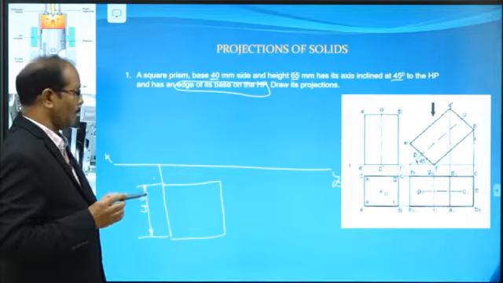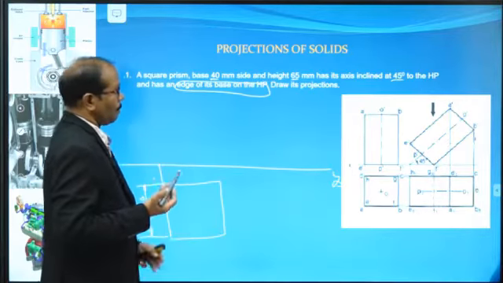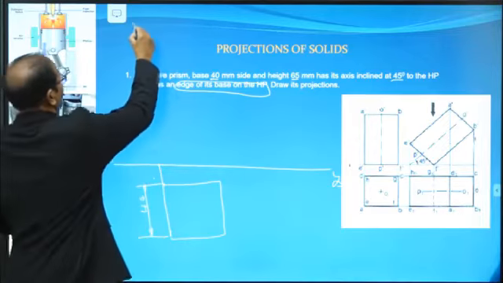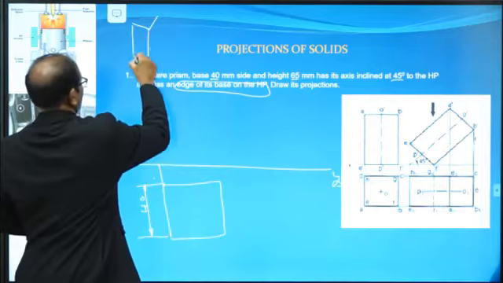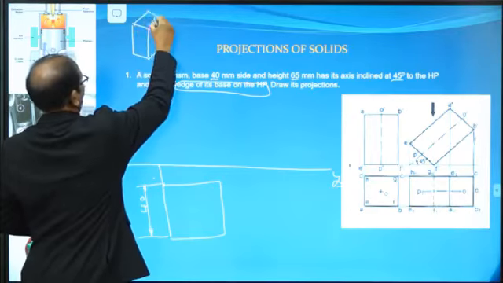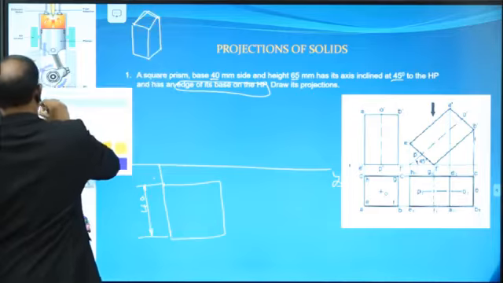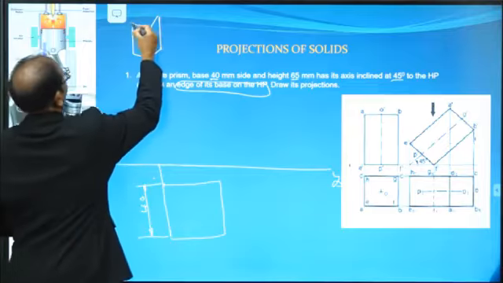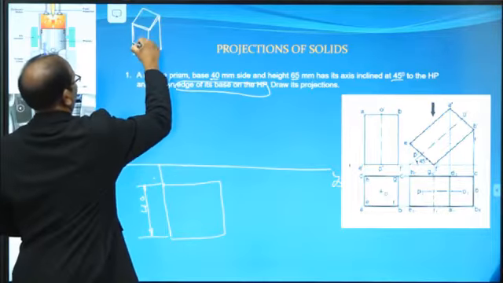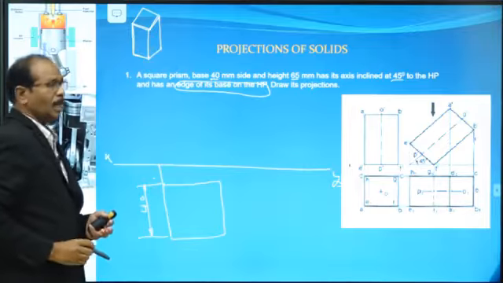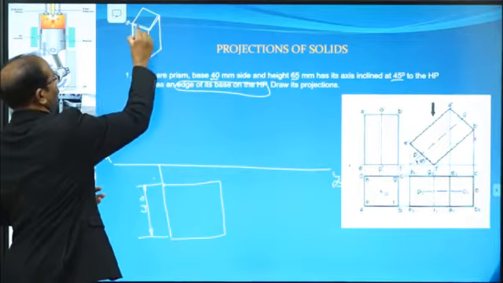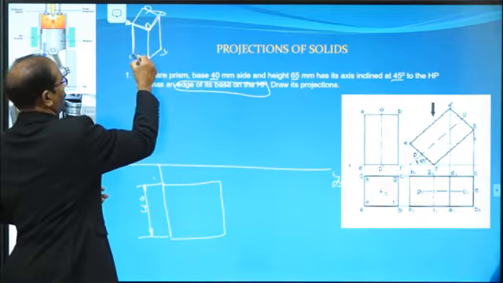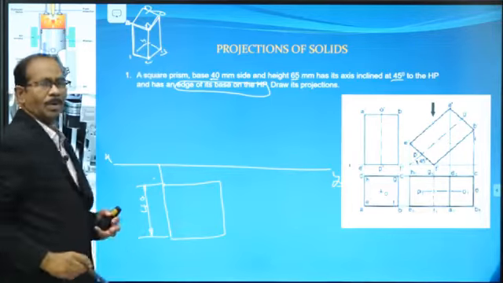Now observe this one. For example, a square prism has two faces. Let's take one example. This is A, capital A, B, C, D, and 1, 2, 3, 4.